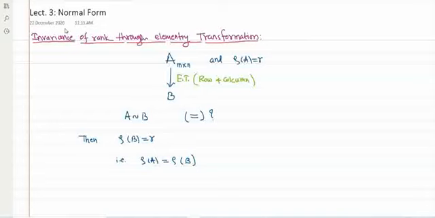In other words, if you obtain a new matrix B from A by applying a sequence of elementary transformations, then the rank remains the same. So rank is invariant under elementary transformation.